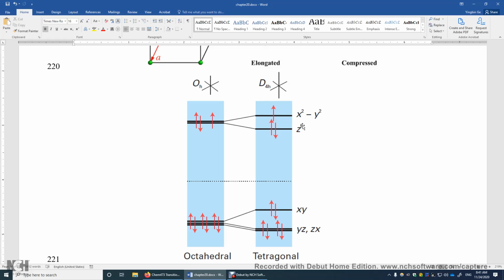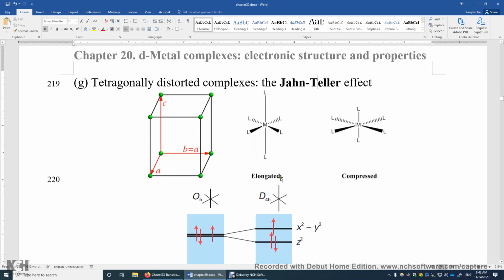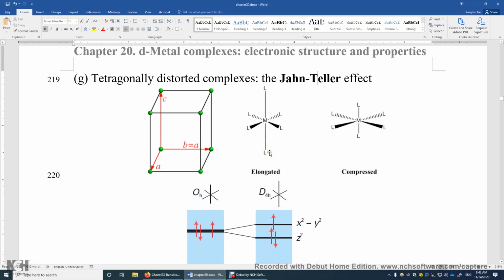So if you look at the transition metal complex of copper 2 plus, for example, copper 2 plus surrounded by 6 aqua ligands, hexa aqua copper 2, and then you will see the structure is not a octahedral structure. It's tetragonally distorted. All right, so with this kind of structure. So again, if you have copper 2 plus in the middle, these two bonds in the Z direction will be longer than the other 4 bonds. All right.